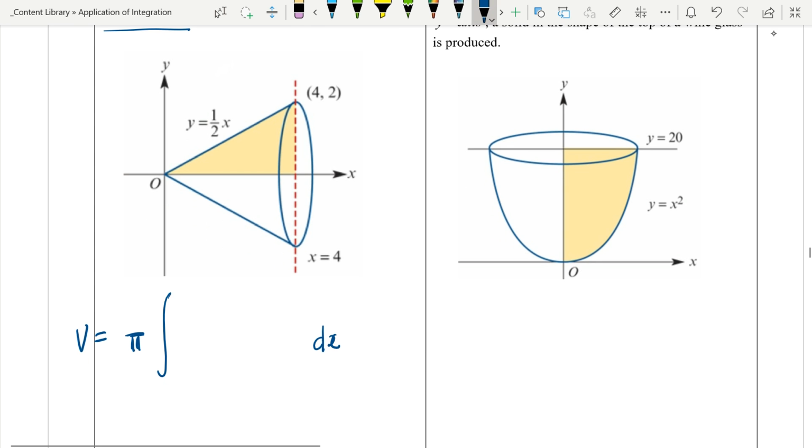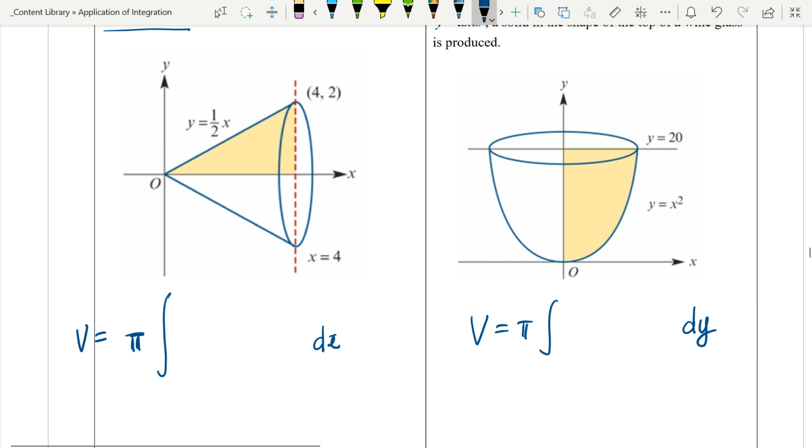So for this one, the volume equals pi integral of dy, because this area has to rotate about the y-axis. The next thing we need to think about is how this area has been formed. If we rotate about the x-axis, we look at the graph this way. If it's rotated about the y-axis, we look at it this way.